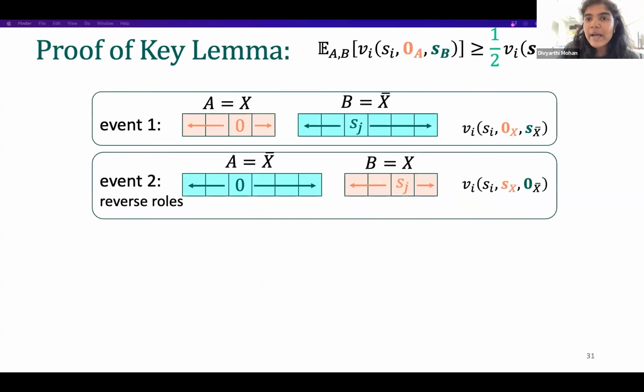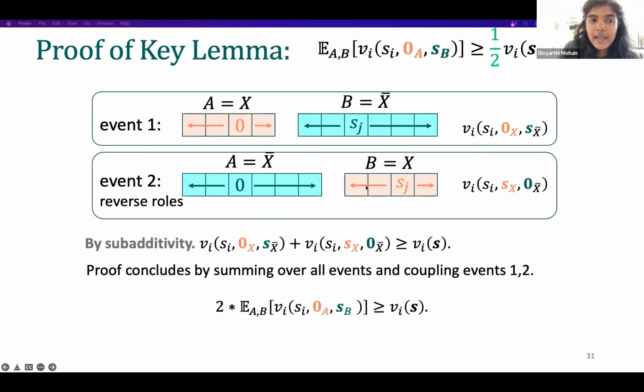And this is simply by coupling the two events of who gets to be A and who gets to be B. If A equals the set X and B is the complement, look at the reversed event where A is the complement set X bar and B is X. By subadditivity, I know that my value for the whole set of signals S_1 through S_n is at most the value of only zeroing out X or X bar, right?